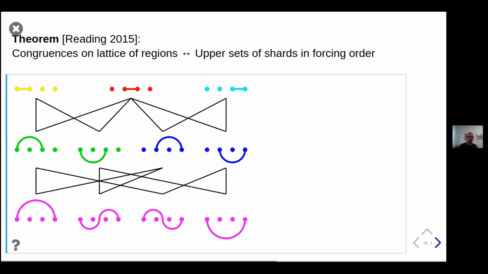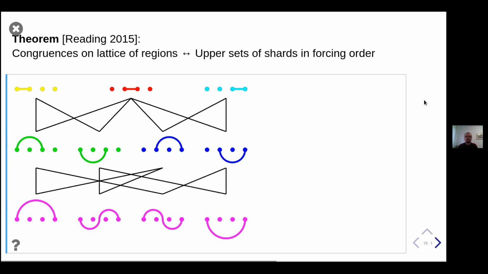And the conditions on gluing regions of the lattice of regions now translate into the fact that whenever we want to retain one of these shards, we also have to retain all the shards that are above it in this order, which is called the forcing order. And this gives us a way to look at the quotient fan, because the union of the walls of the quotient fan is also just equal to the union of the shards that have been retained.